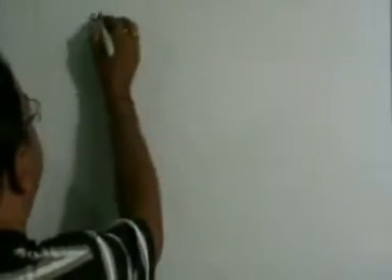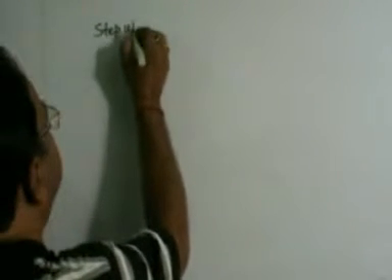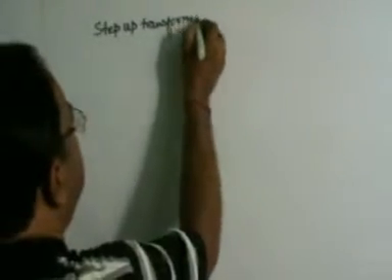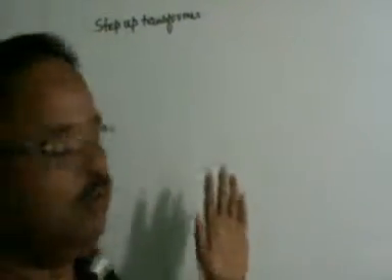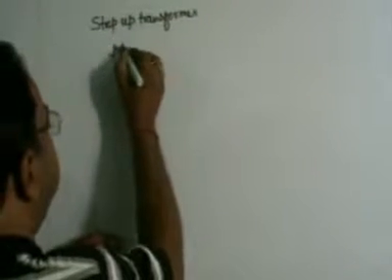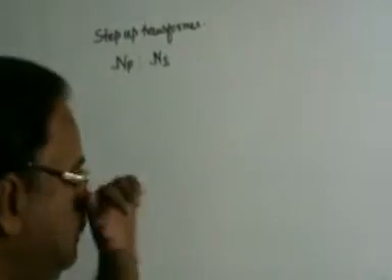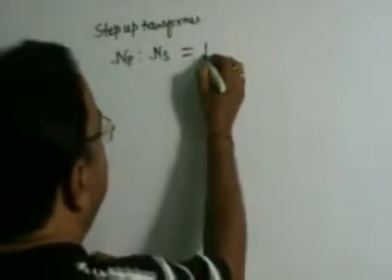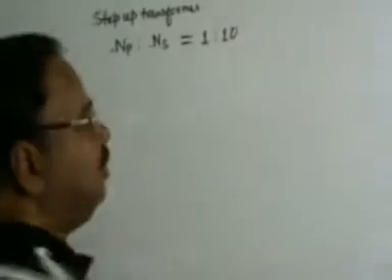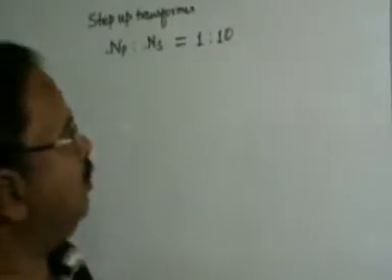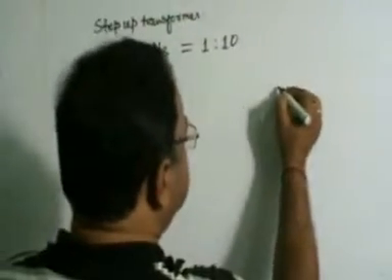Now here it is given that for the step-up transformer, the ratio of primary to secondary turns, NP to NS, is 1:10. The power to the consumer has to be supplied at 200 volt.